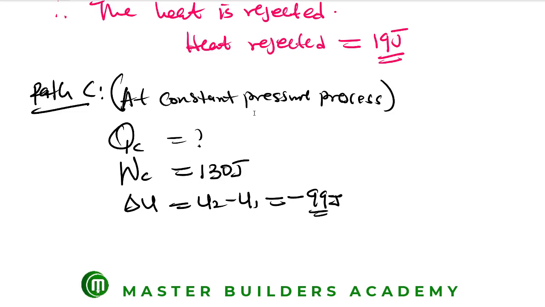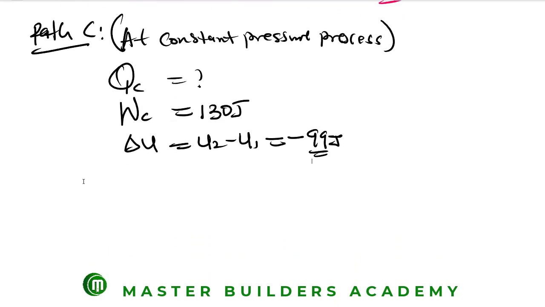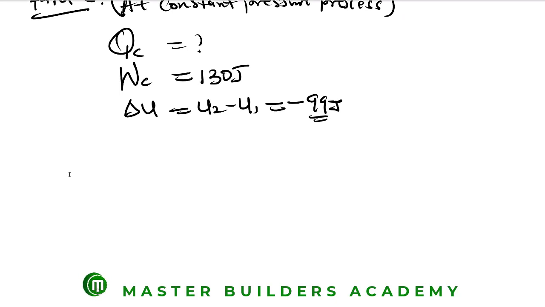All we need to do again is to recall the equation of the first law of thermodynamics. So recall that Q minus W is equal to the change in internal energy.